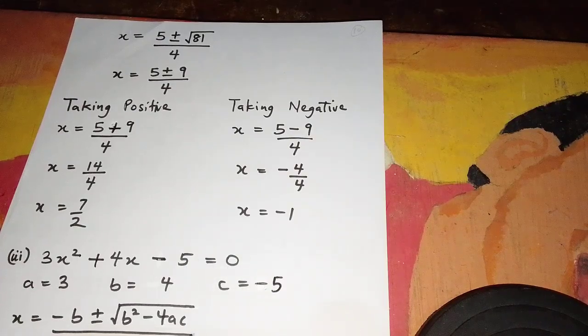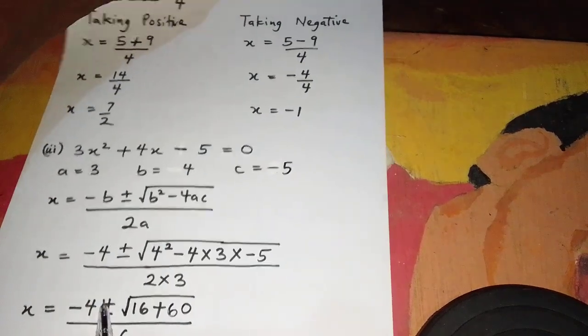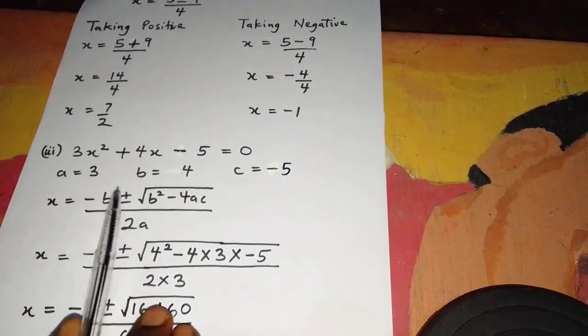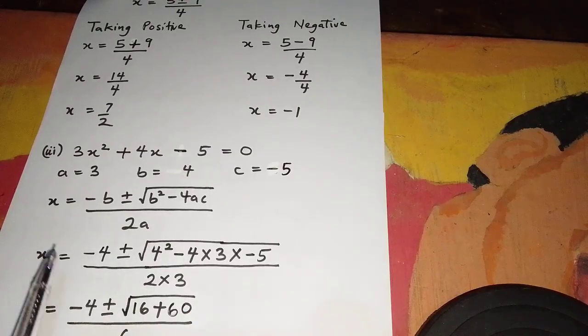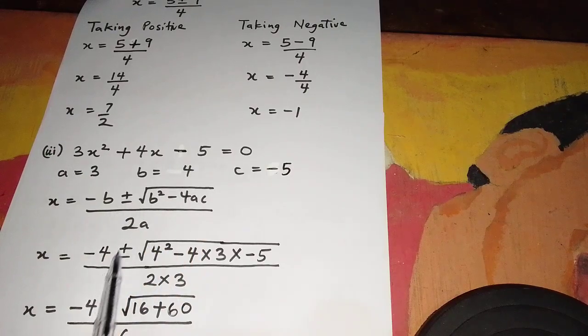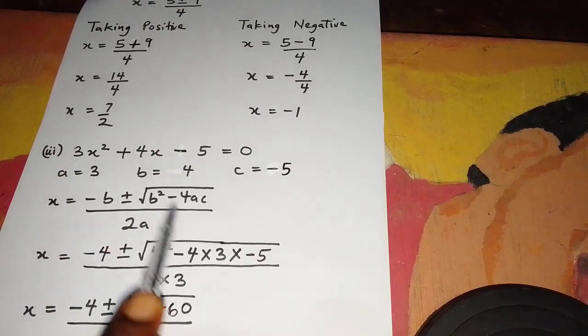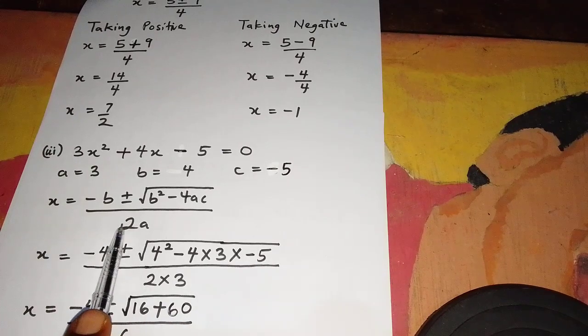So you are now going to substitute into the quadratic formula, which is minus b plus or minus the square root of b squared minus 4ac over 2a. So our b is 4, we have a minus, our b is here plus 4 plus or minus, then the square root, b squared is 4 squared minus 4 times a is 3 times c is minus 5, all over 2 times a is what? 3.